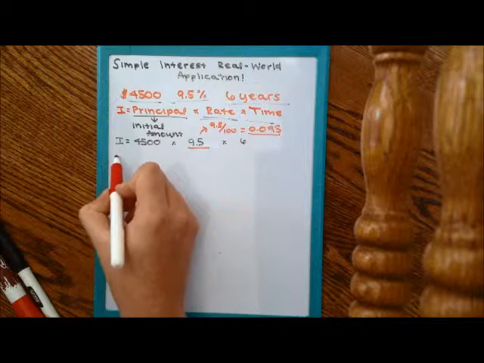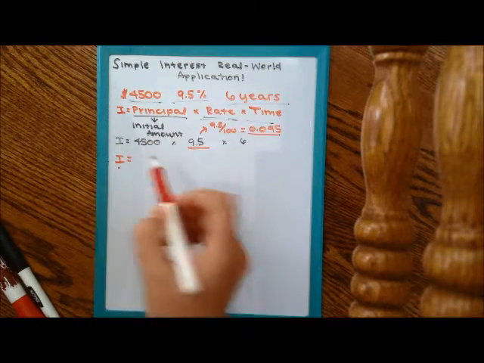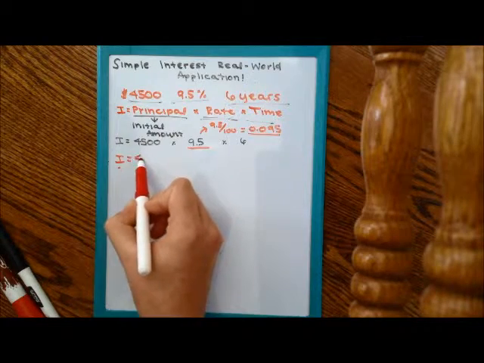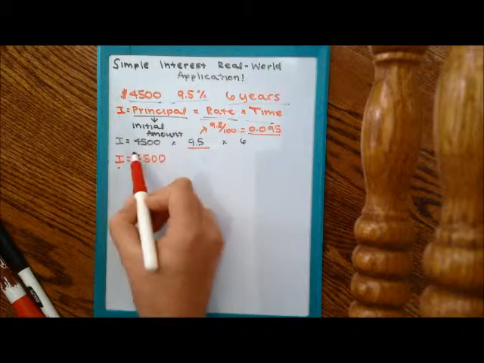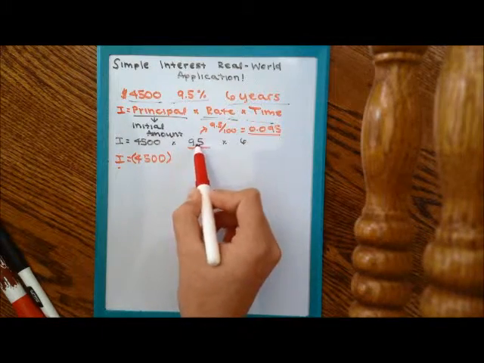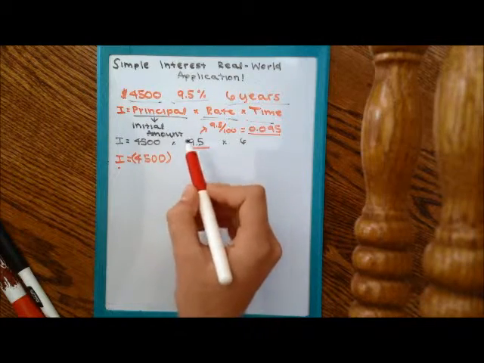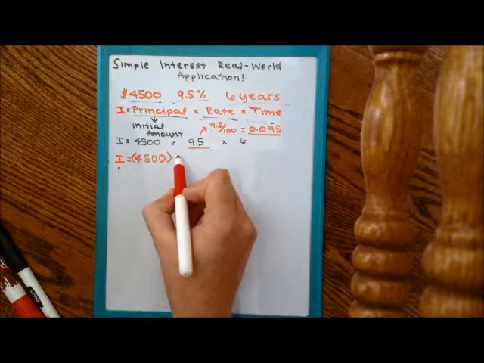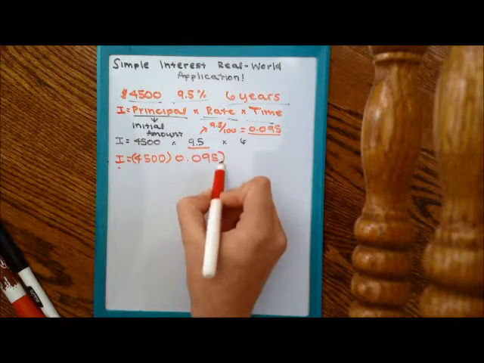So we're going to rewrite this. The interest equals $4,500 multiplied by our interest rate, which we changed to a decimal form, which it should always be in a decimal form, is 0.095.